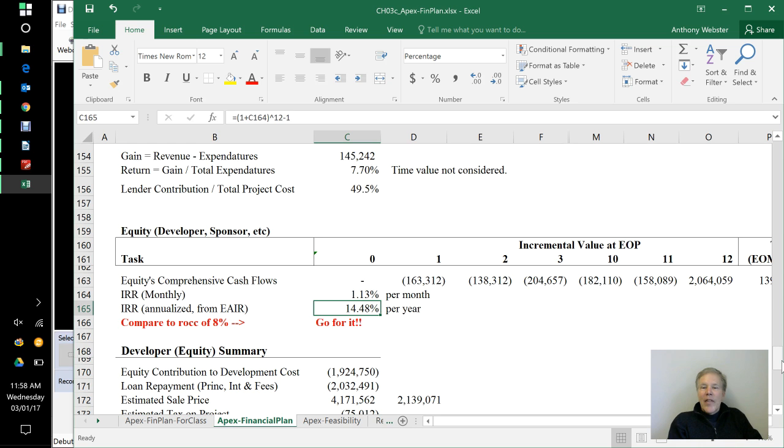Now that we've got that in our pocket, I need to add a serious qualifier and let you know of what's coming up next. Using internal rate of return for sponsors, for equity investors, for developers, is not optimal.